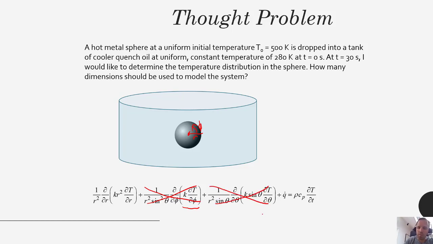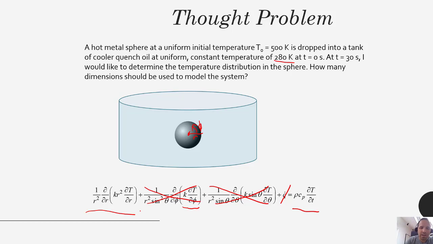In this problem, we're not told anything about generation, so we can get rid of the generation term. However, this is definitely a transient problem, which means temperature is changing with time. Because we've dropped the sphere, it's initially at 500, we're going to drop it into this fluid at 280, and we're going to expect it to be cooling over time. So we'll definitely need to consider this term.